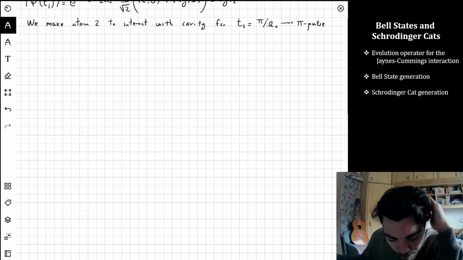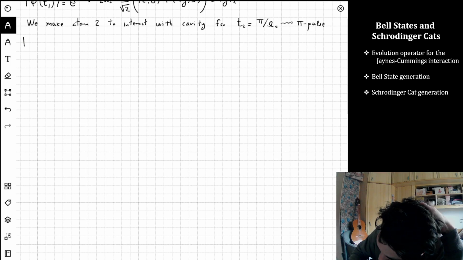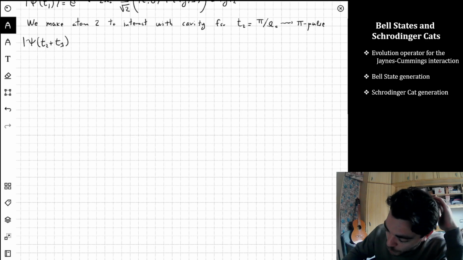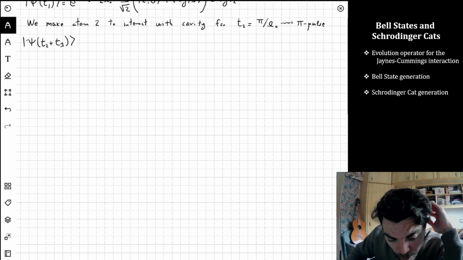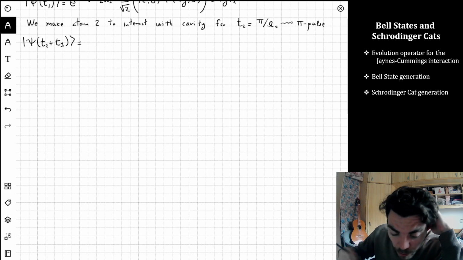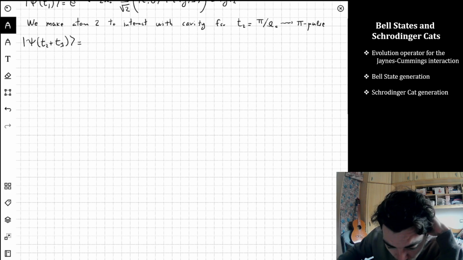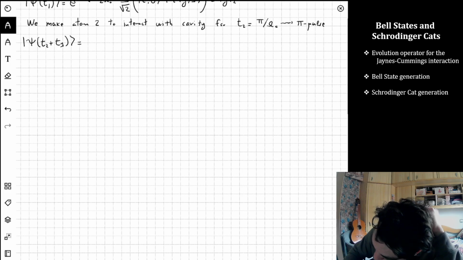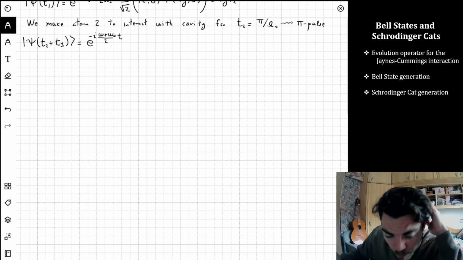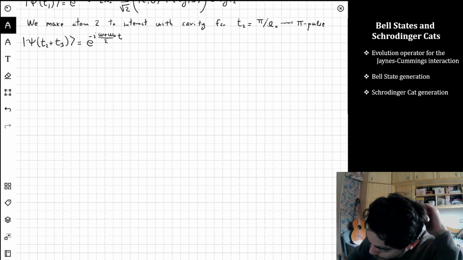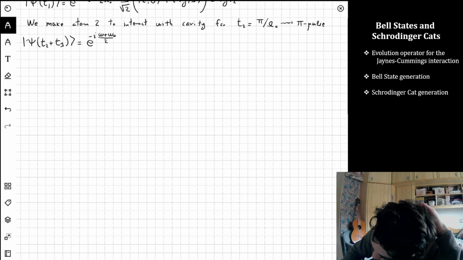If we do that, what happens after the interaction? Well, the wave function at the time t2 plus t1 is equal to the wave function of t1 that we can write explicitly. That is going to be e to the minus i omega plus omega 0 divided by 2 t. Sorry, this is not t, this is pi over 2 omega 0.